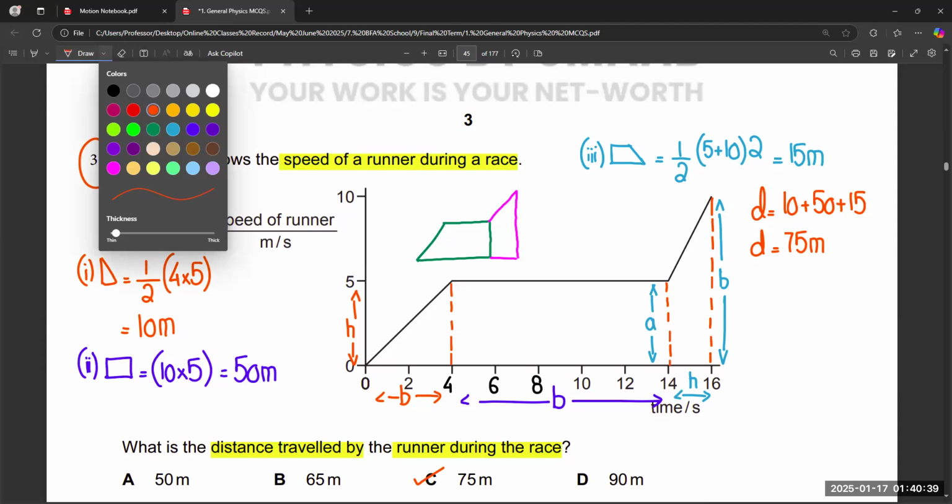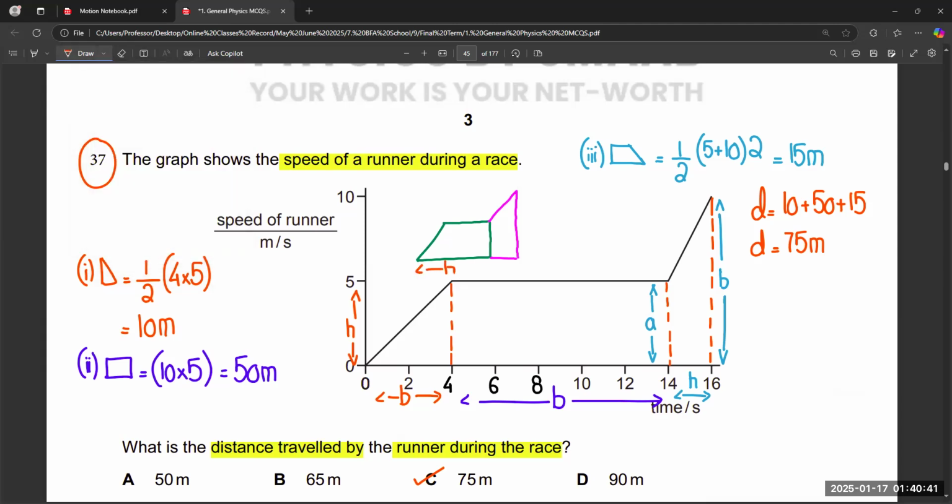It's your choice. In this way. So these are some concepts from the graphical representation.